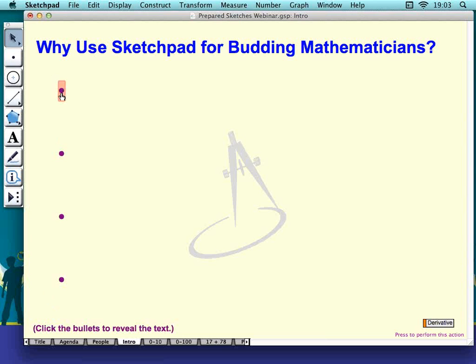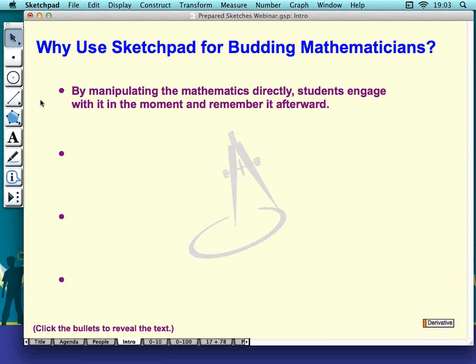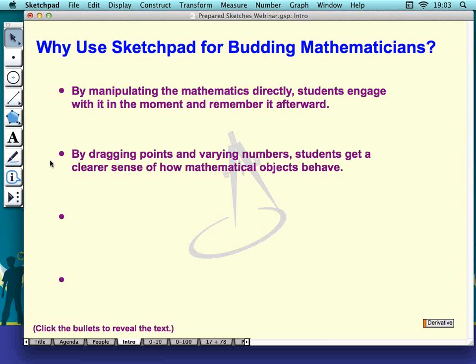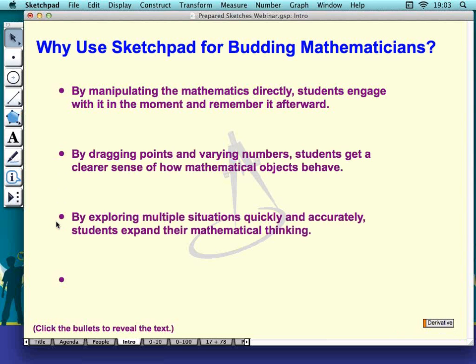I do want to talk briefly about why it's important to use Sketchpad for our budding young mathematicians. One of the aspects is that by actually manipulating the mathematics themselves, students have a way of engaging with it that goes beyond what they can do with more static materials. By dragging points and varying numbers, students can explore the behavior of various mathematical objects.